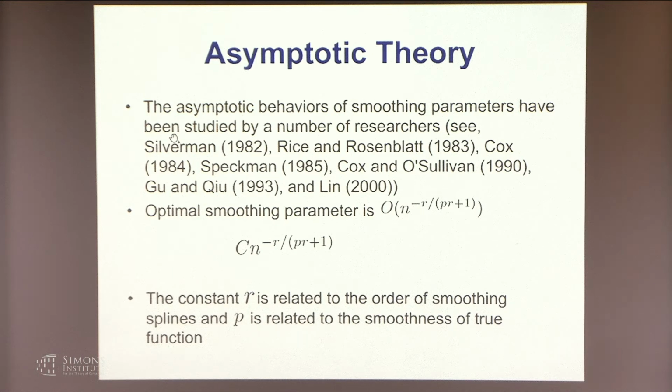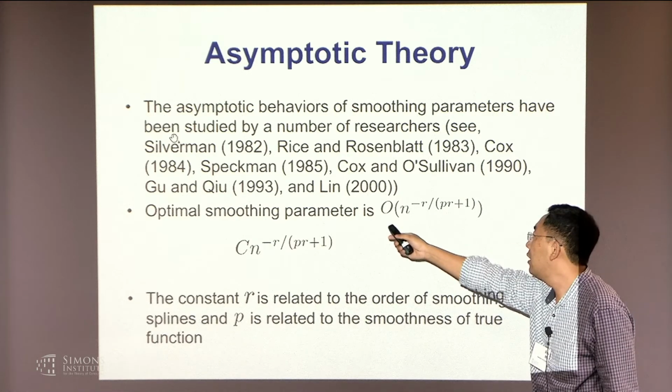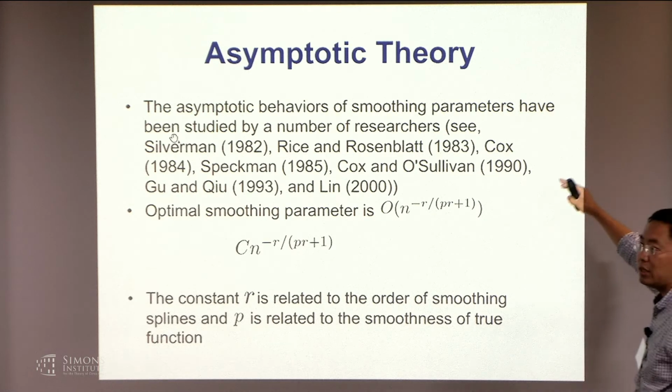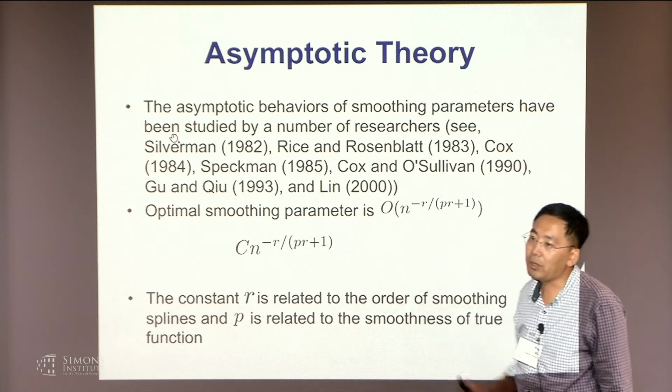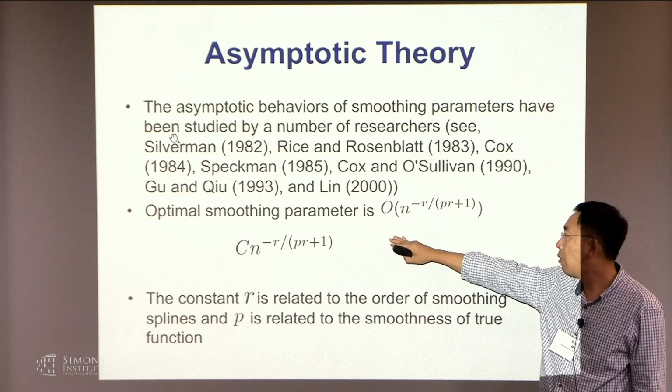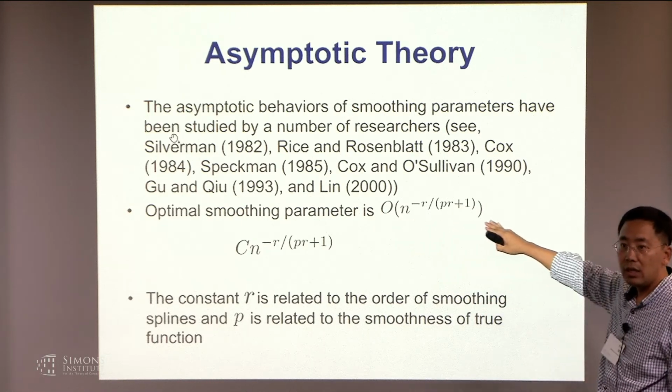But on the other hand, as I said, in statistics, over the years we have developed tons of asymptotic analysis in this field. For example, starting from 1982, Bernard Silverman's first paper, we have a series of papers. If I summarize this literature, essentially we have this simple result: the so-called optimal smoothing parameter is essentially in this order.